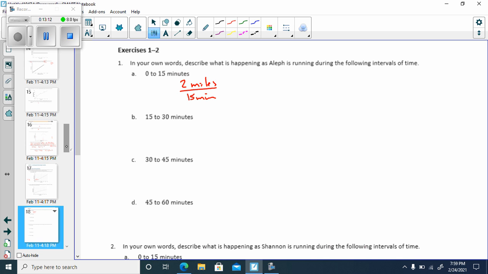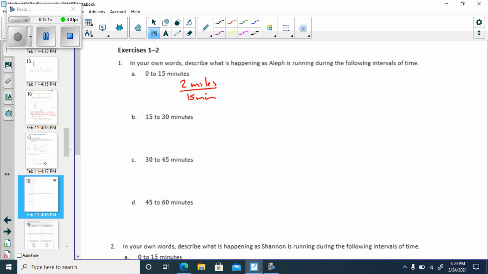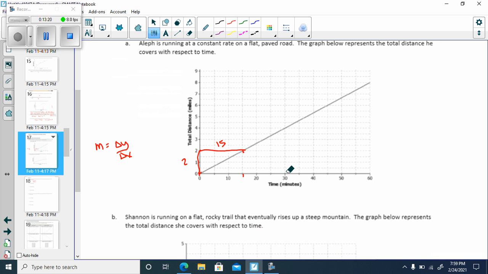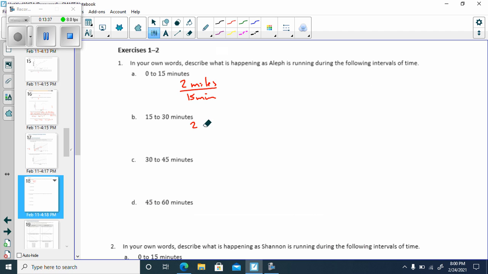Let's look at the 15 to 30 minute time frame, see what's happening there. We'd start at 15 and we go over here to 30. At this time frame, he's going from 2 to 4, so he's going up 2 miles in 15 minutes. Again, our rate is 2 miles per 15 minutes. All right, the rate of change is the same that whole time.